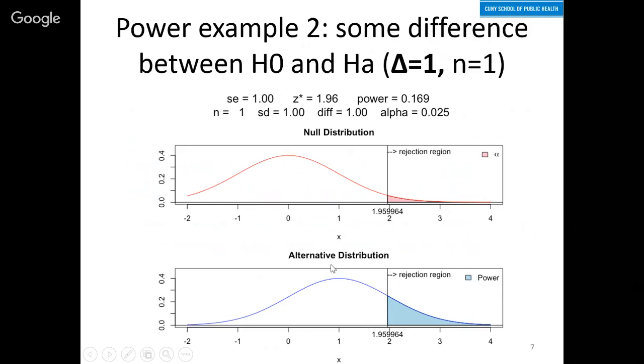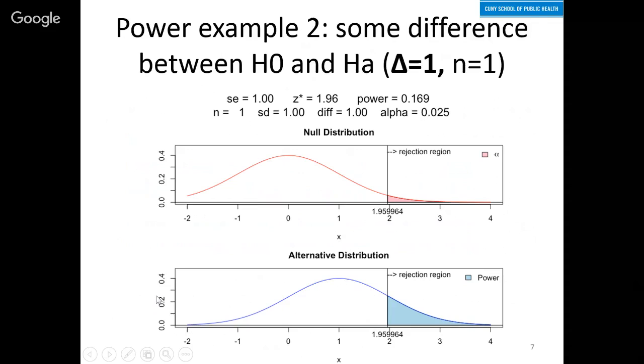But if the alternative hypothesis is actually true and there's a difference in means of 1, we've got this much larger probability of getting a result out in this rejection region. I didn't draw it on the left just because here the alternative distribution is shifted to the right, so this is going to be a really vanishingly small probability over this rejection region. So I'm just doing it one tail at a time here.